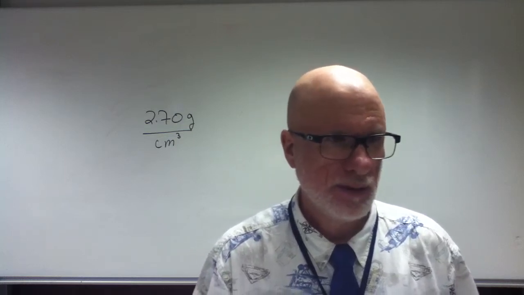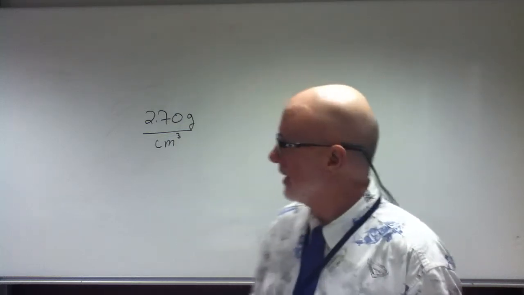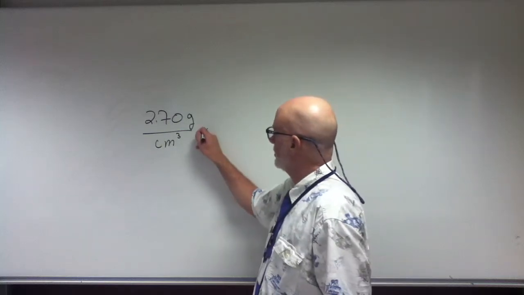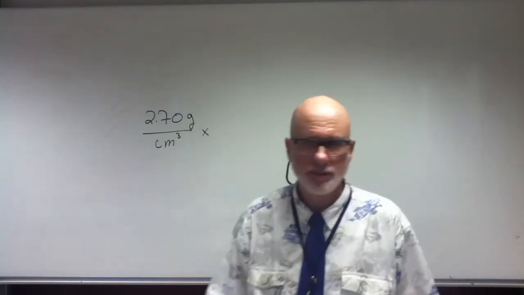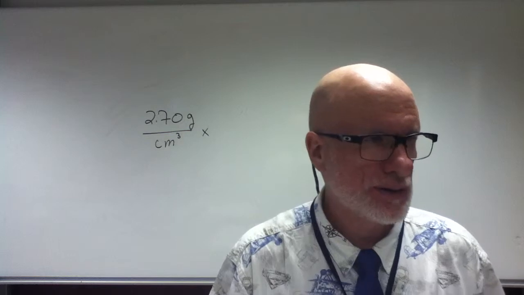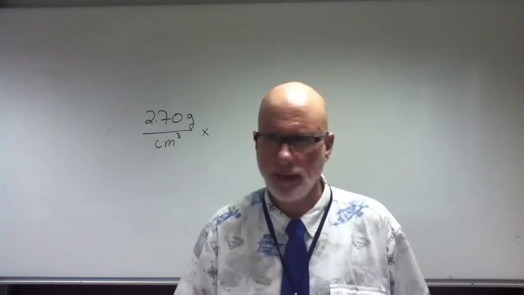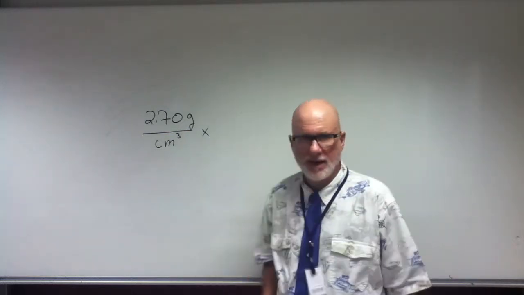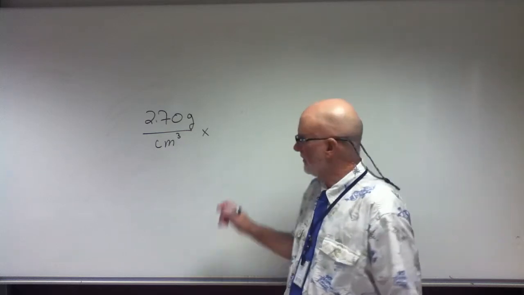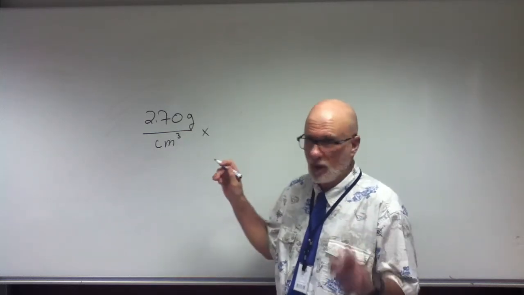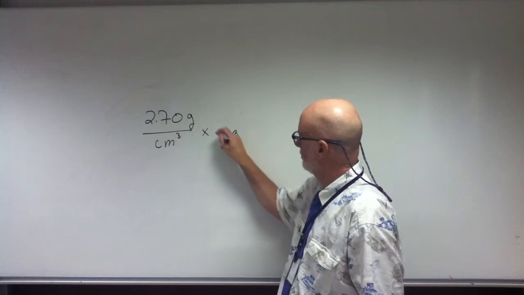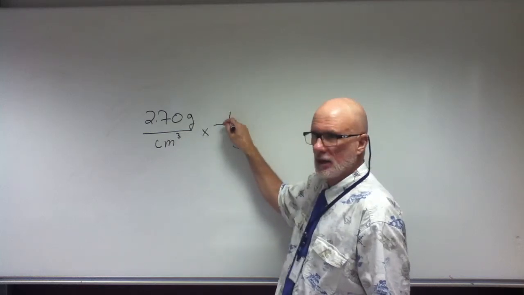I can do it all in one problem. I want to do grams to kilograms first. So what do I divide by? I divide by grams, not yet 1, and I go to kilograms, right?